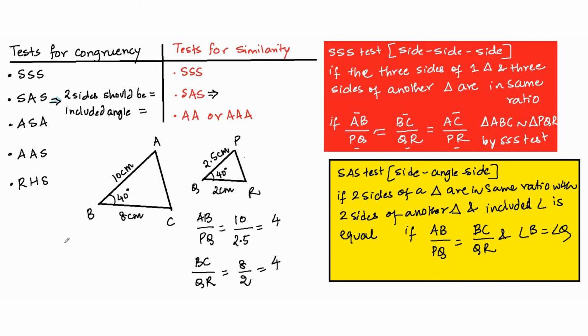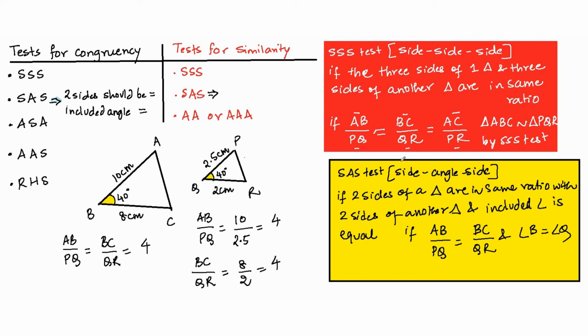So in this case, AB upon PQ is equal to BC upon QR, which is equal to 4. Both the ratios are equal to 4, and angle B is equal to angle Q, given in the question. Both are equal to 40 degrees. Then these two triangles are similar by the side angle side test.